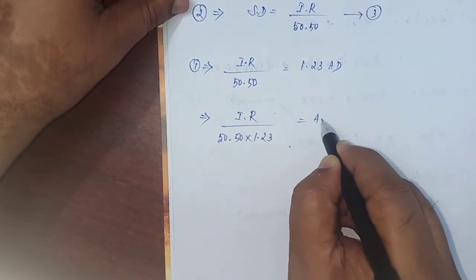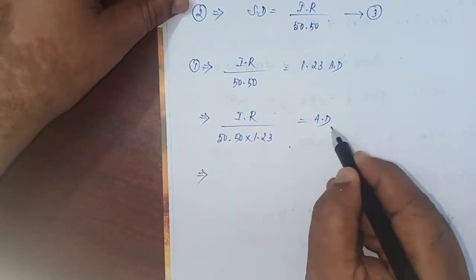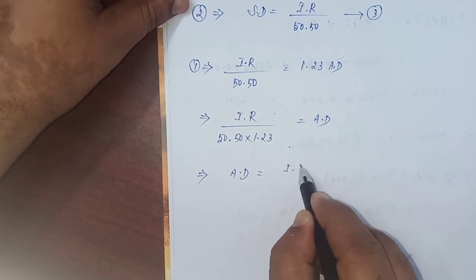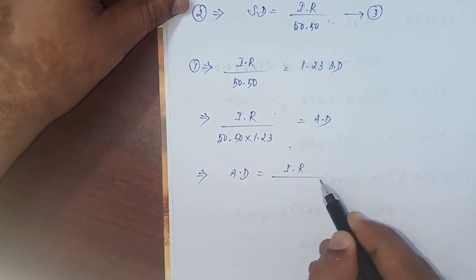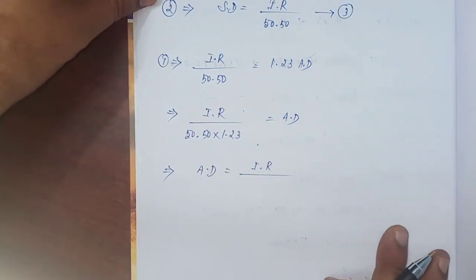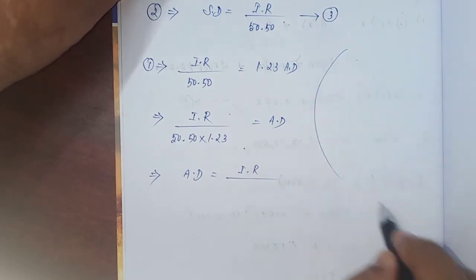I am retaining AD on the right hand side. I write RHS and LHS: AD is equal to IR divided by, we have to multiply these two, 50.50 into 1.23.